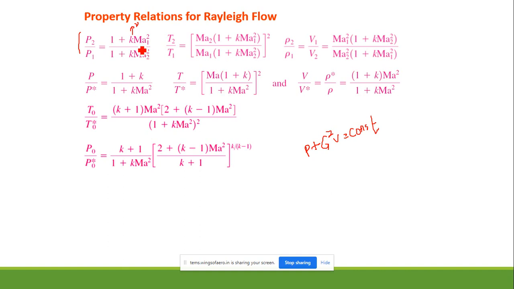Just write this. After that we can solve one problem also regarding this, so that it will be clear how the properties are changing and why it is changing.